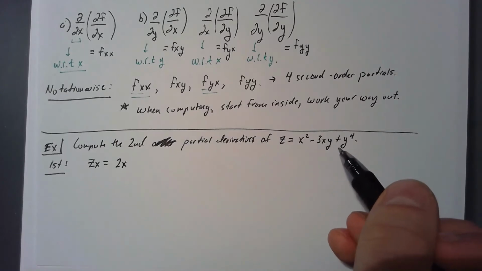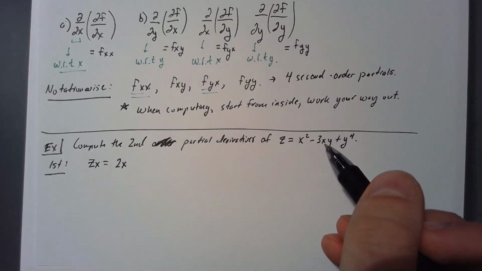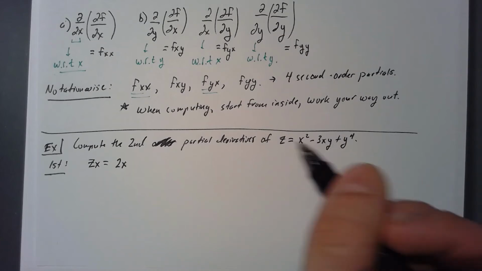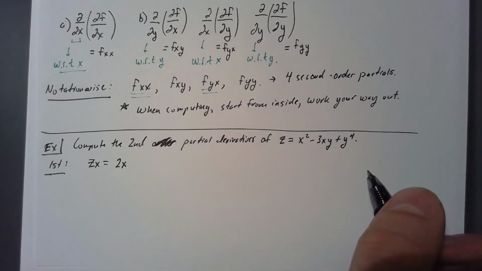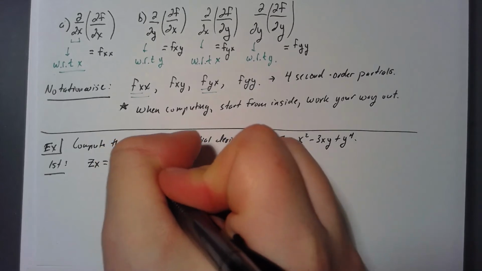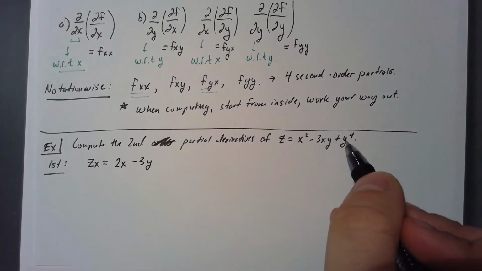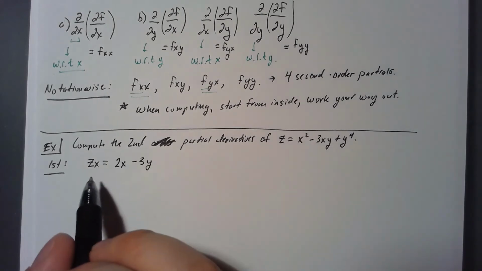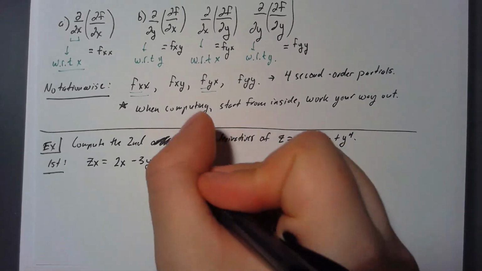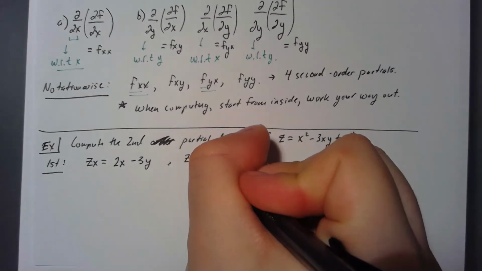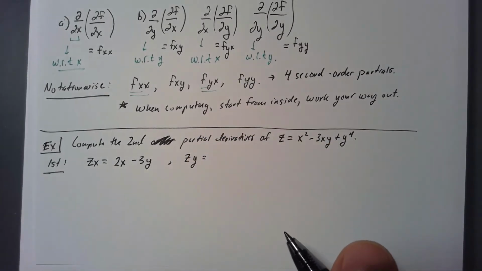The other variables are constant, so the derivative of x is 1. So I have 3 times 1 times y, so I have minus 3y. And then, well, y to the fourth is a constant. The derivative of a constant is 0. So that's the partial with respect to x. What's the partial with respect to y?